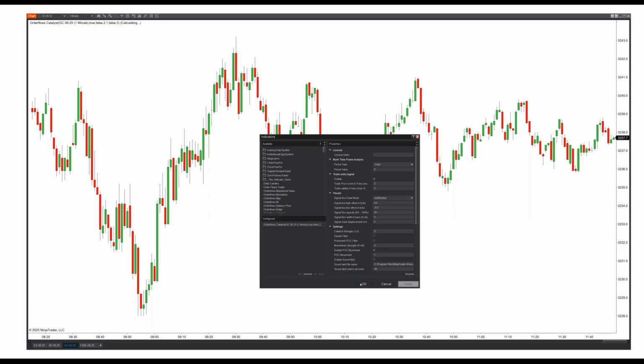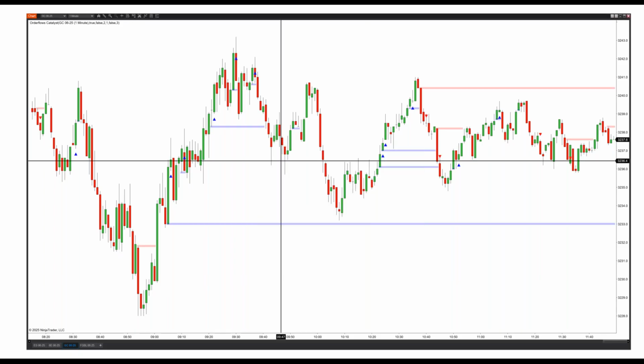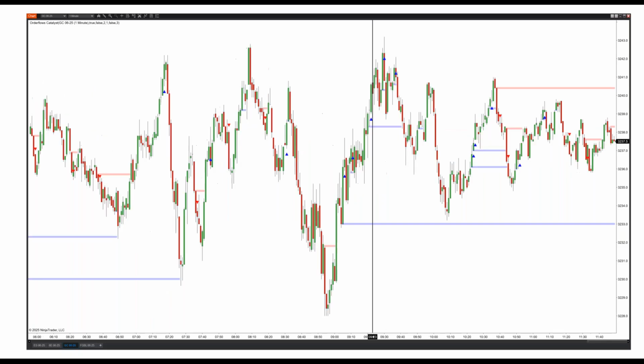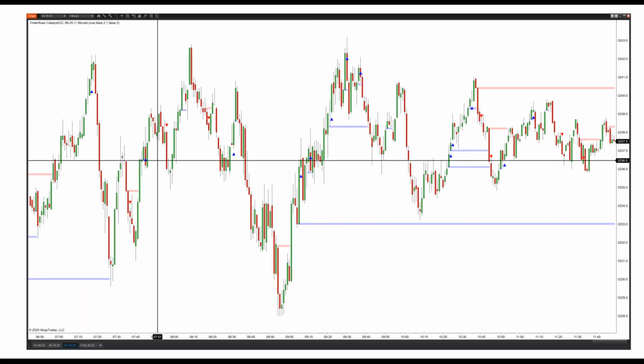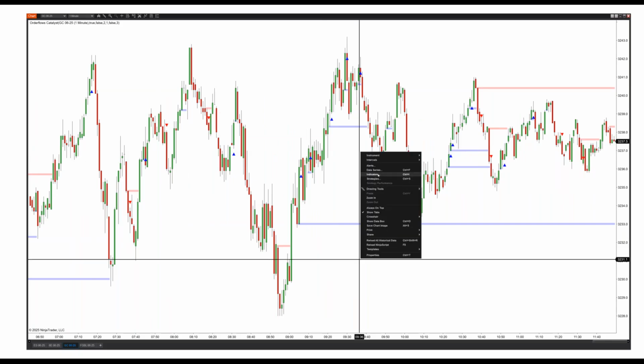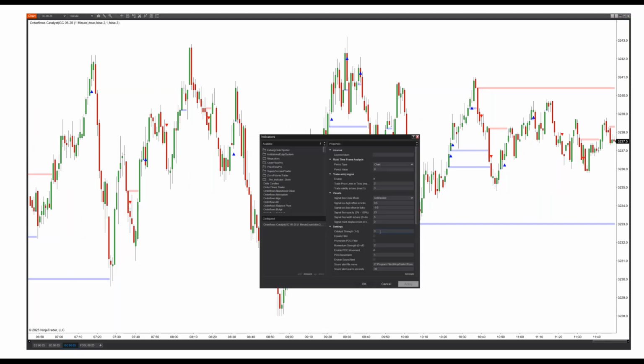I'm going to enable it here, so you can see it's cleaning up a bit, right? You see that's not a good trade right there. So maybe you're going to adjust your catalyst strength to take in a little bit more of the volatility. If you're going to trade a range-based chart in gold, I don't know.